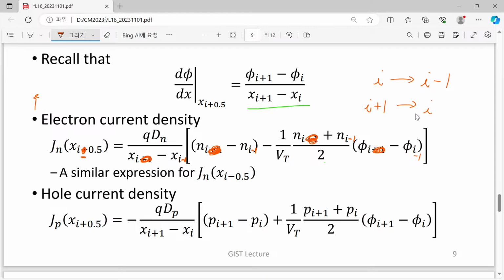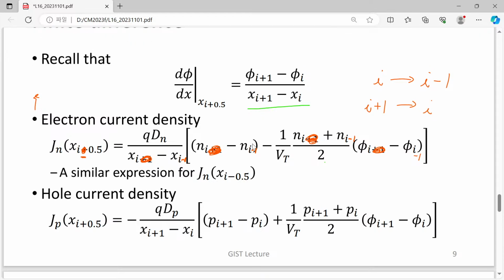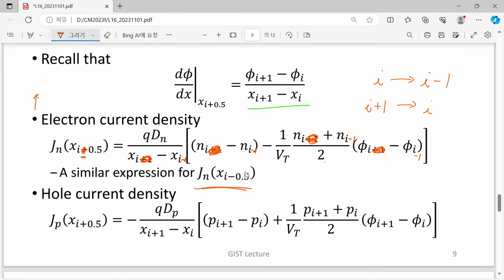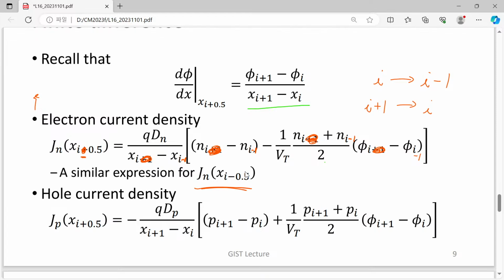Then it is sufficient to get the expression for J sub n evaluated at another midpoint. Okay, are you all with me?